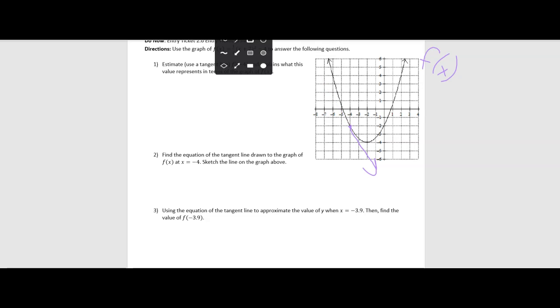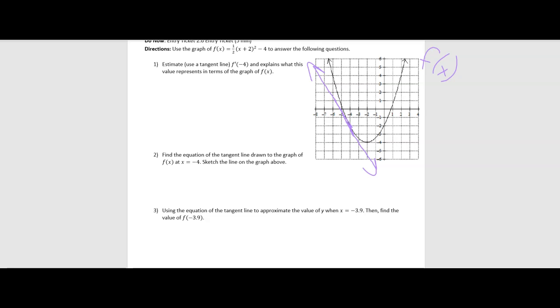Let's try to be a little bit better. Something like that. And a derivative is the slope. So we're essentially estimating the slope of that tangent line. Now, again, your slope should at the very least be negative. This is not a horizontal tangent line. This is not a tangent line with a positive slope.